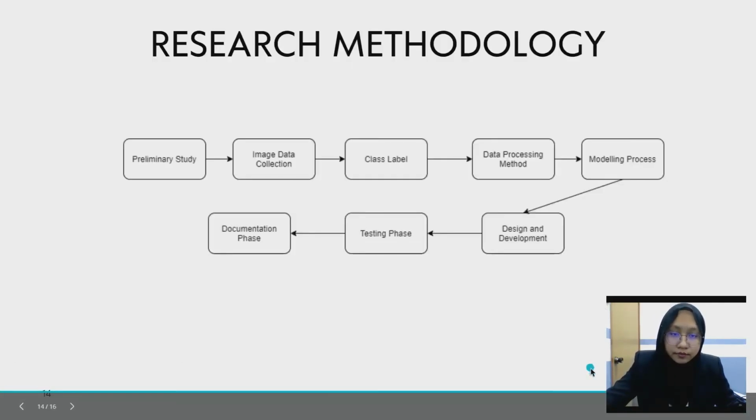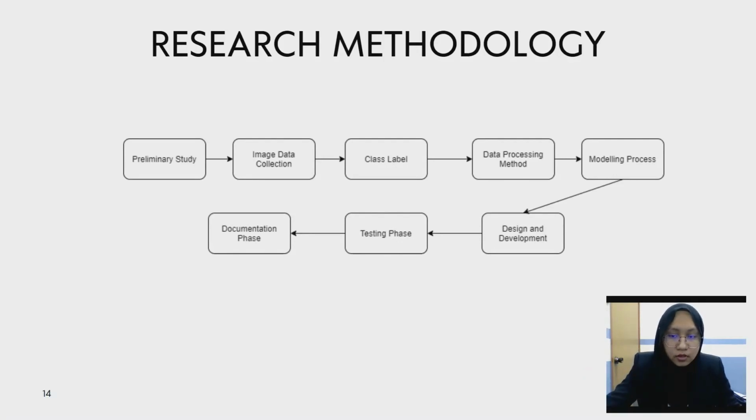This is the framework, or summarization, of my research methodology: starting from preliminary study, image data collection, class label, data processing, modeling, design and development, testing, and documentation, with the last phases finishing in semester 6.